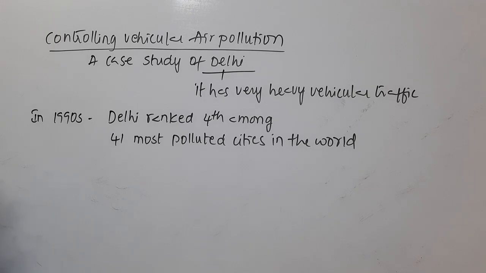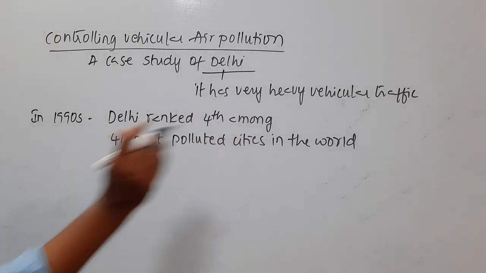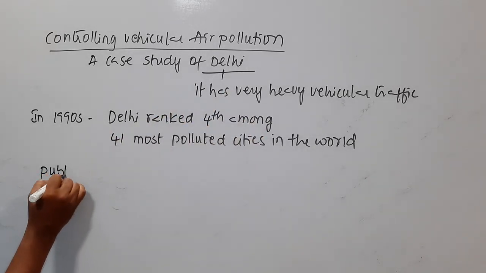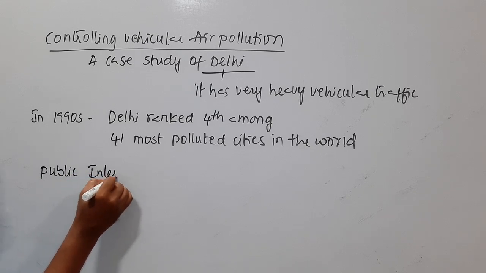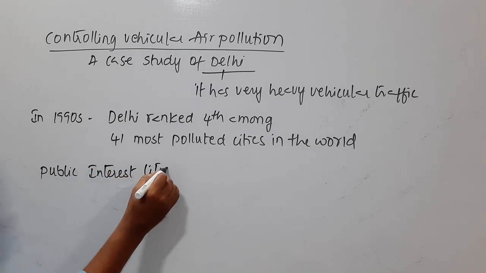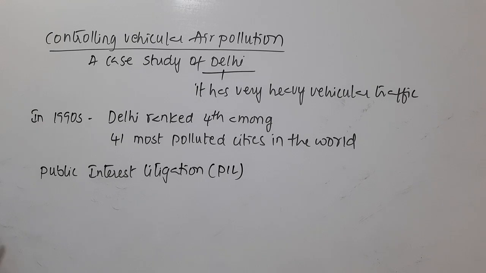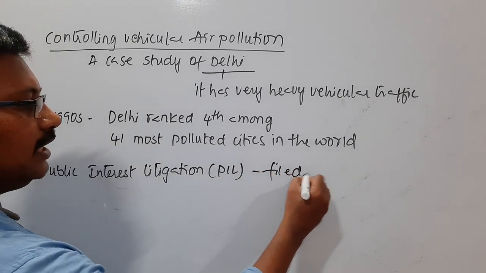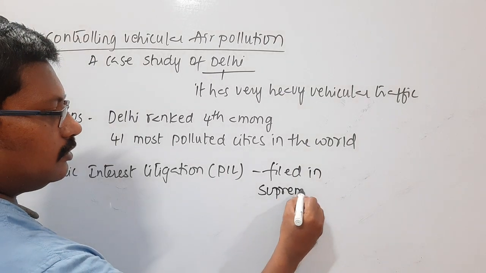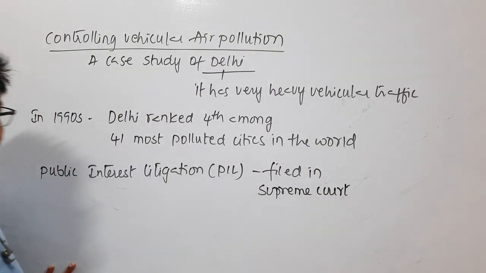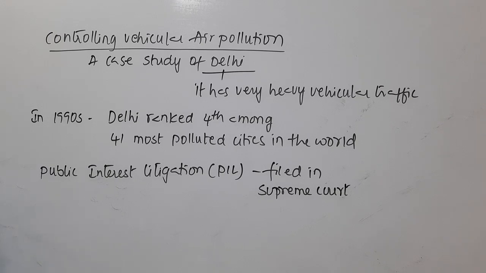The pollution became so serious that the public took an interest, and they filed a case in the Supreme Court, which I call a public interest litigation, or PIL in short. After a lot of hearings and arguments, the Supreme Court ordered the government of Delhi to take appropriate measures to reduce air pollution.